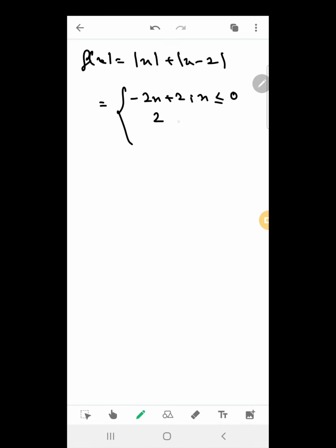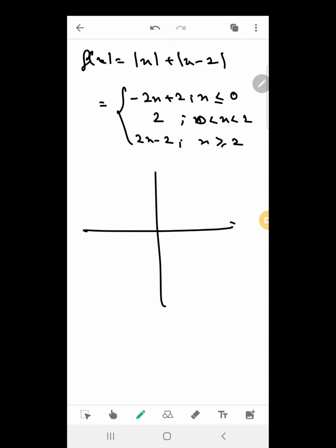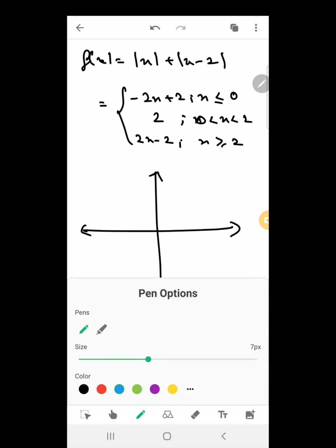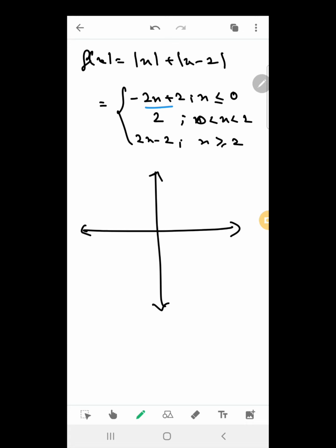It becomes 2 when x belongs to this particular interval, and it becomes 2x minus 2 when x is greater than or equal to 2. Clear? You can graph each of these portions, right? You can graph f(x) using each of these piecewise values. So this is basically a graph which looks like this.